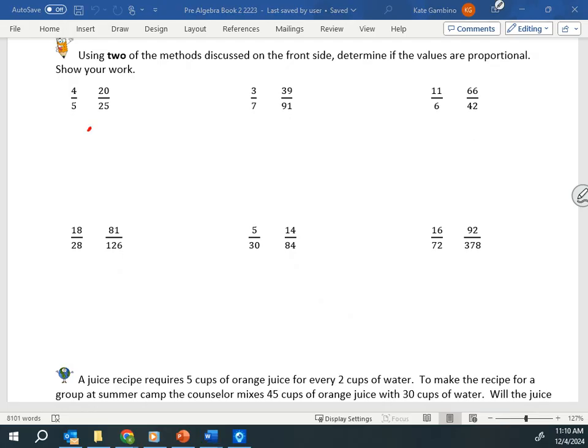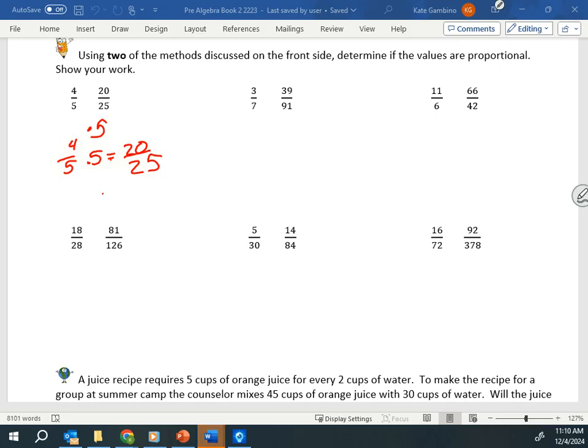So if I multiply by 5, I would get 4 times 5 is 20, 5 times 5 is 25. I would actually write it out. It's really hard with it not being calibrated. But I would write out that 4/5 times 5 equals 20/25.